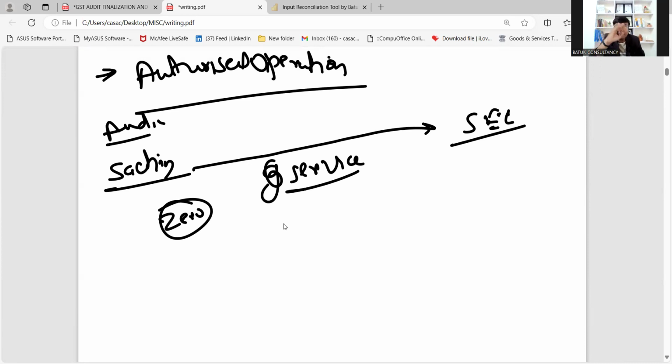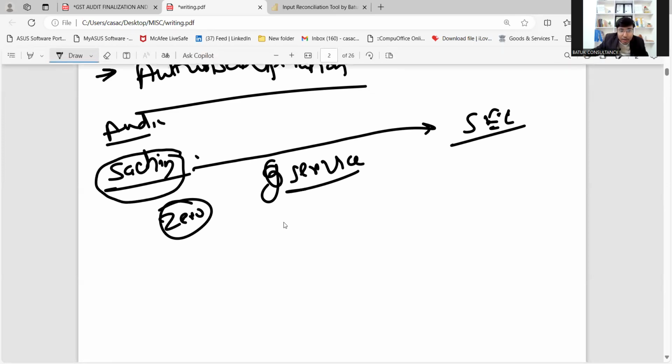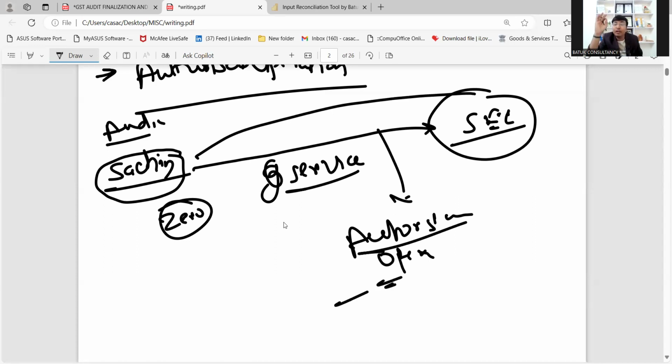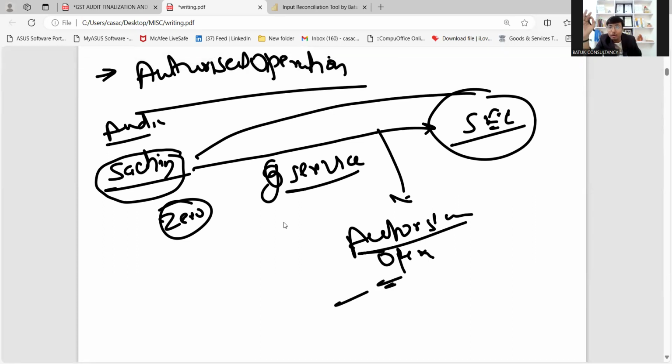Now, when you do the audit of Mr. Sachin, you need to check whether whatever services provided by Mr. Sachin to special economic zone are for the authorized operation or not. And if those services are not for the authorized operation, in that case the zero rated will not apply here. This supply is to be considered as taxable.